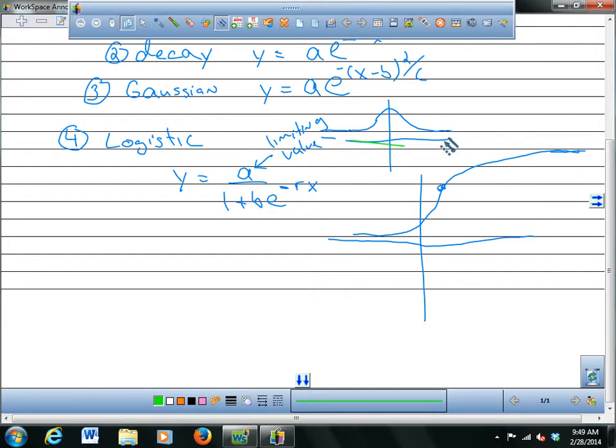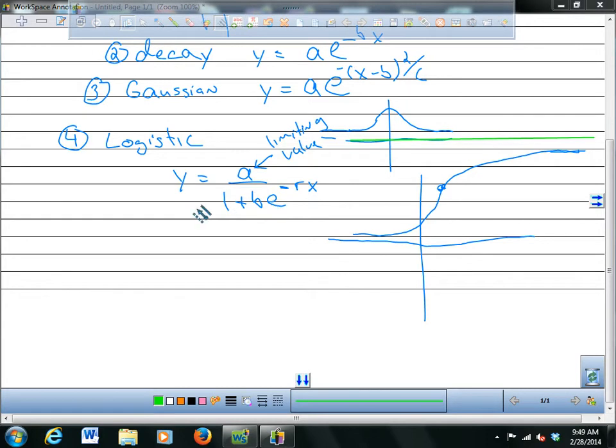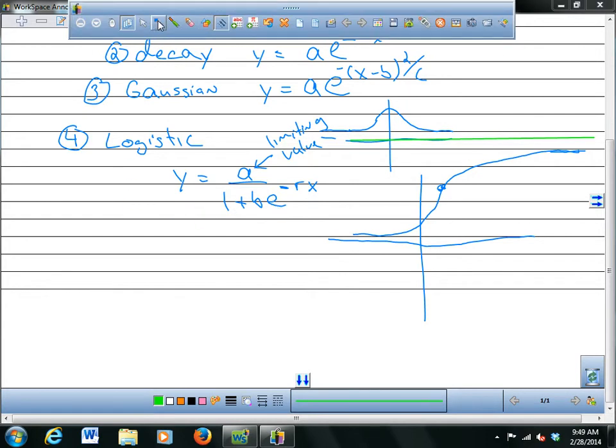So if it's approaching, say the maximum population of this area is 100,000 or something, that would be the limiting value. And this again is your rate of change. I think B, I'm not exactly sure, would be where you start, and this would be your rate of change. But we'll do a couple of problems with that. So that's logistic growth models.